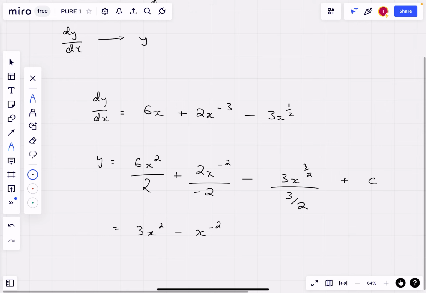And 3 over 3 over 2 is the same as 2, plus c. That's it. That's all you have to do. Okay, so it's the opposite of differentiating.